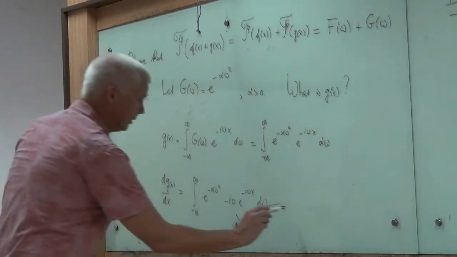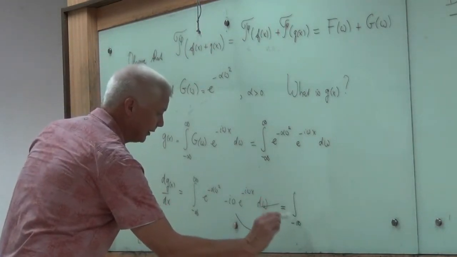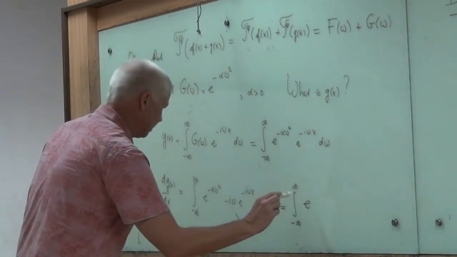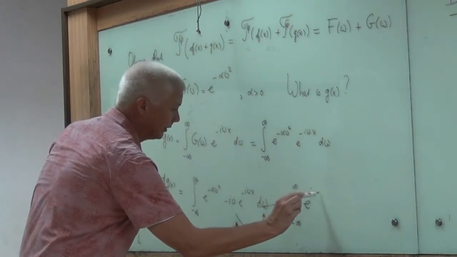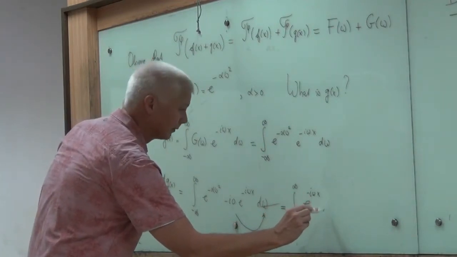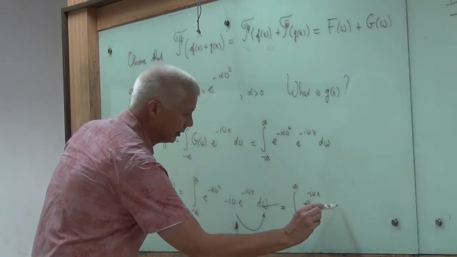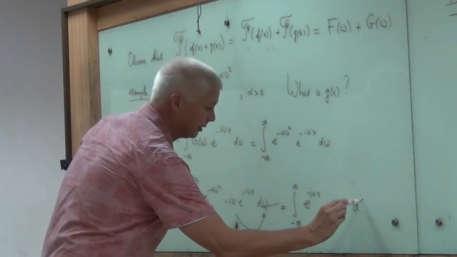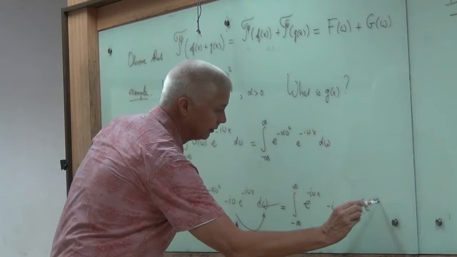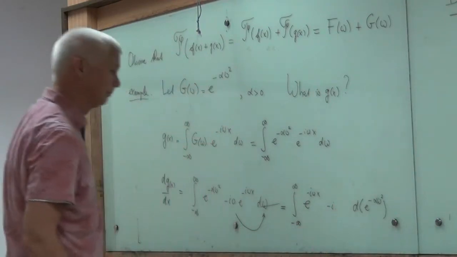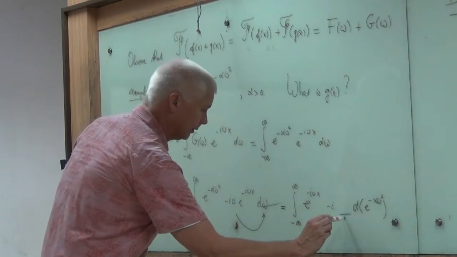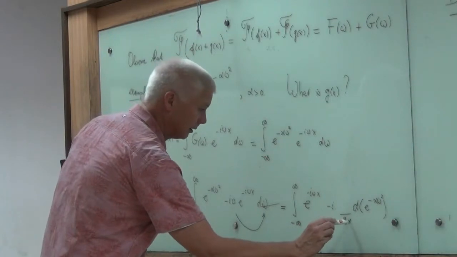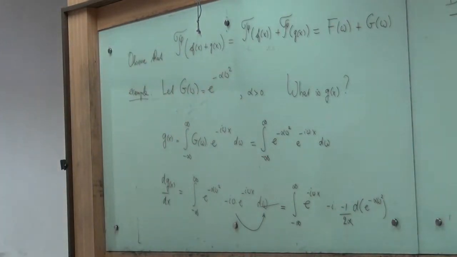So in the first step, I write down this as the integral from minus infinity to plus infinity e to the power minus i omega x times minus i times e to the power minus alpha omega squared. So I have to divide by 2, I have to divide by alpha, and I get an additional minus sign.